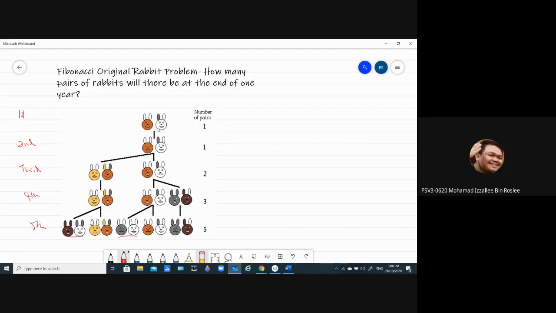For what month? Answer this question. How many pairs of rabbits will there be at the end of 1 year? 144.